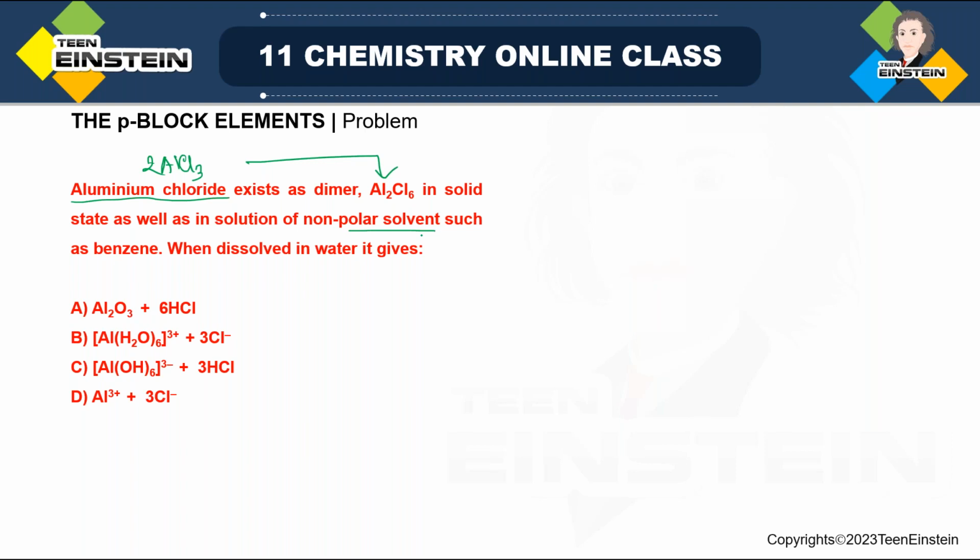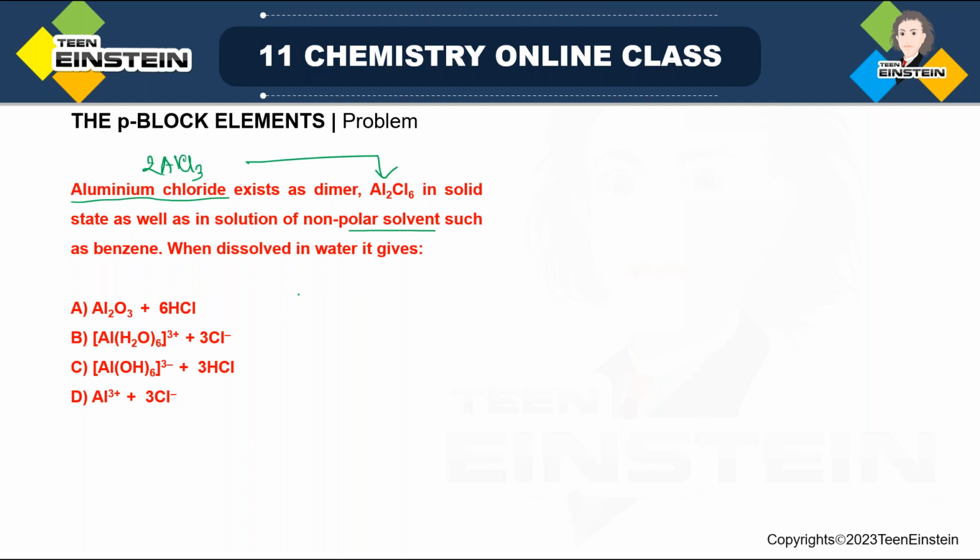So it is saying that aluminium chloride exists as dimer, which is Al2Cl6, in solid state as well as in solution of non-polar solvents such as benzene. So it is simply a statement that is mentioned. It is not that we have to find whether it is correct or incorrect. It is not like that. Simply a statement is given.